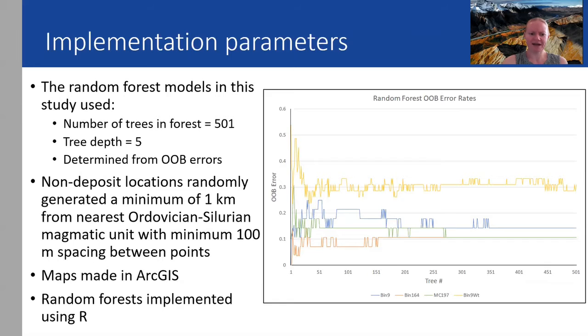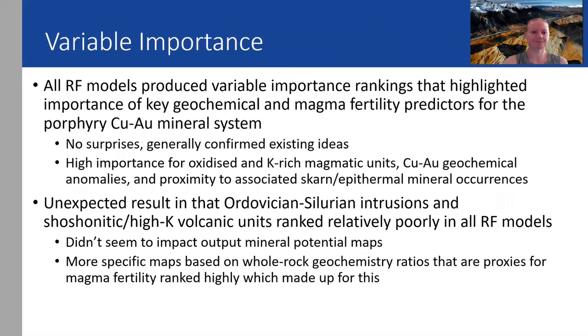All of the maps were made in ArcGIS, but the random forest itself was implemented using R. I did try to do it using ArcGIS, but I consistently crashed it due to the size of the input database, but R seemed to work.